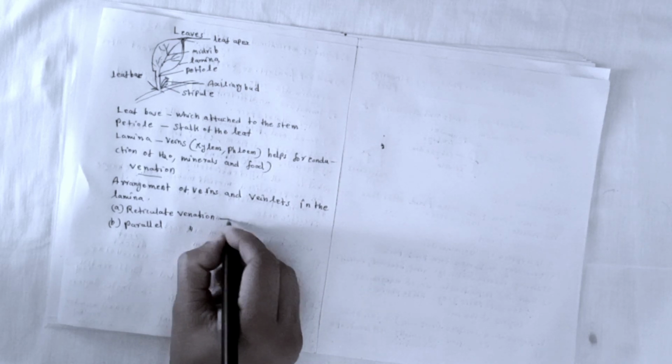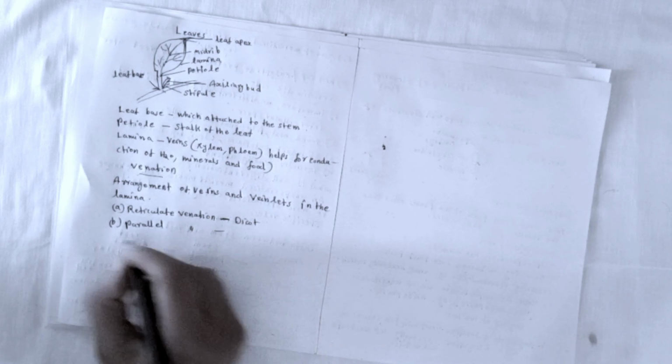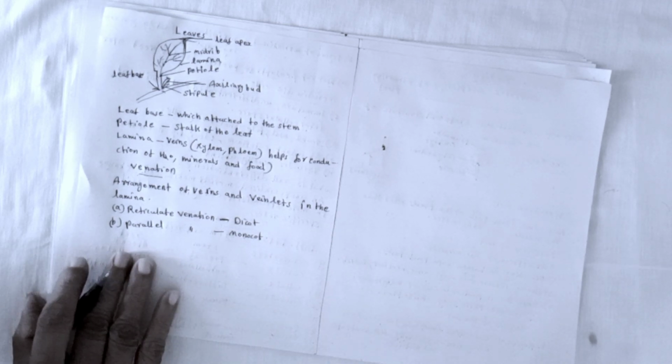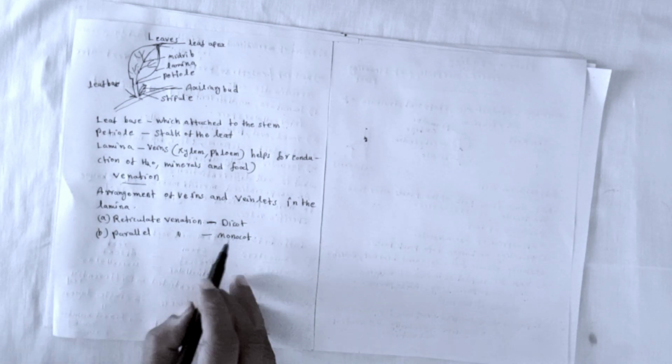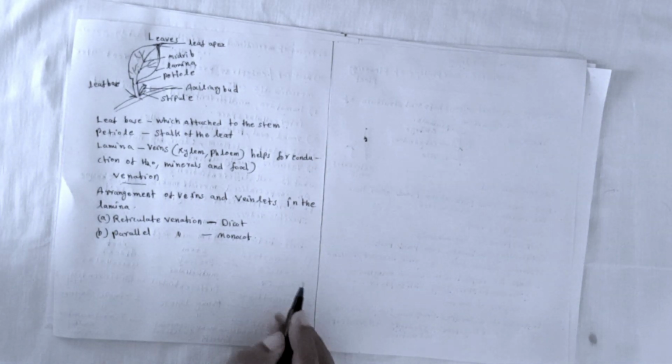Reticulate venation is a feature of dicot plants, and parallel venation is the main feature of monocot plants. Leaves with reticulate venation are usually seen in dicots and parallel venation in monocots.